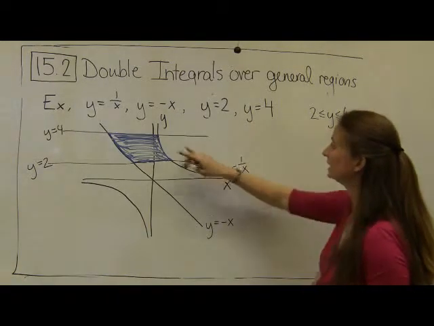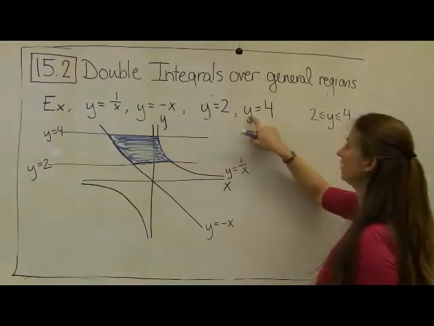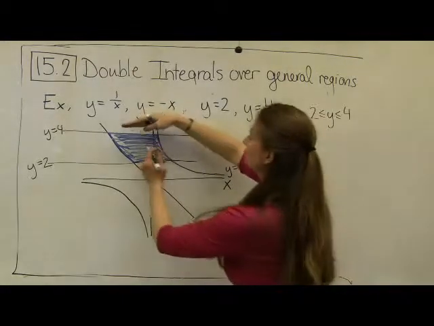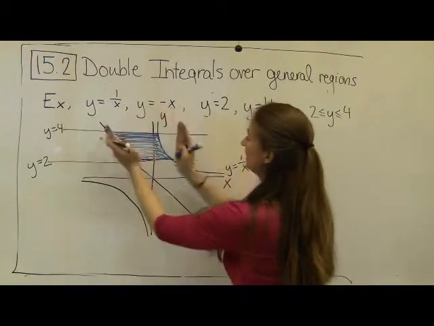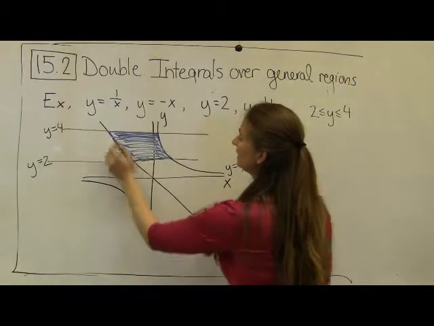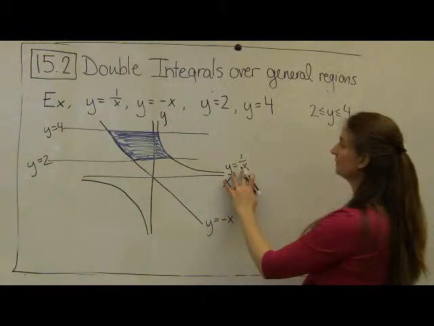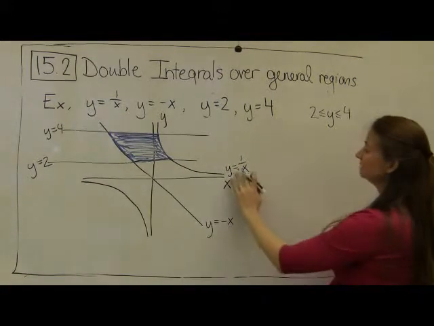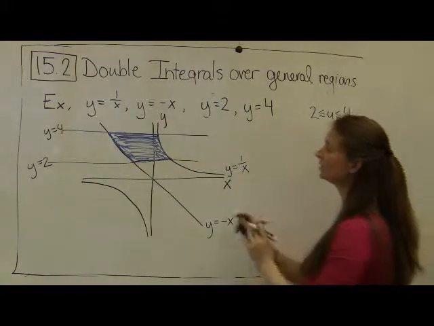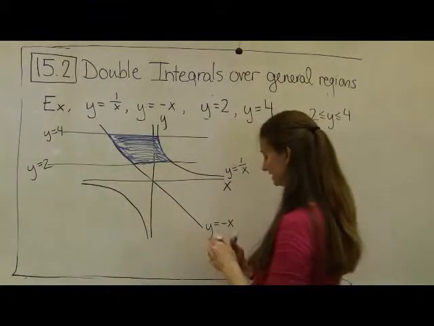That means that right now everything is given as a function of y. If my y values are the ones that are going to be the constants, I see that it's squiggly in the x direction, that I need to rewrite these functions. Instead of being functions of y, I need to rewrite them as functions of x, because I need to know what are the bounds on my x values.